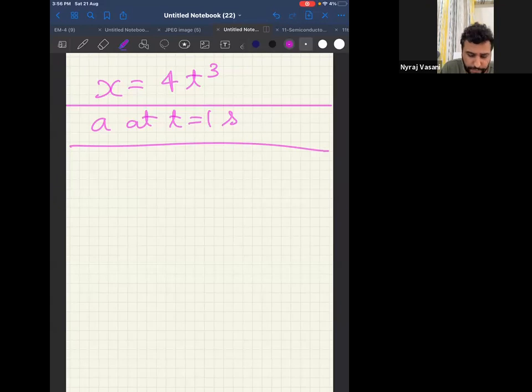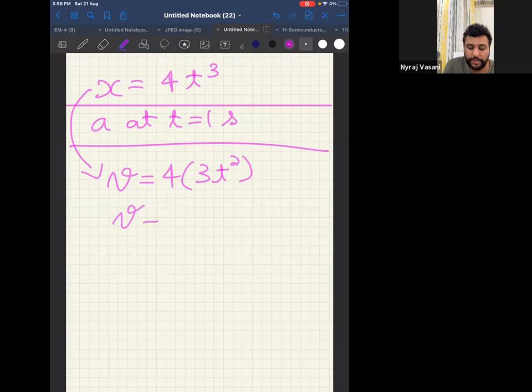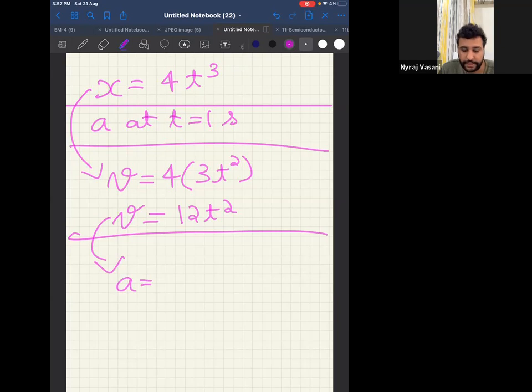Okay, now listen. X is equal to 4t cube. Therefore, velocity is differentiation of displacement. So 4 as it is, differentiation of t cube will be 3t square. Therefore, velocity is 12t square. Now, acceleration is nothing but differentiation of velocity. 12 as it is, differentiation of t square is 2t.